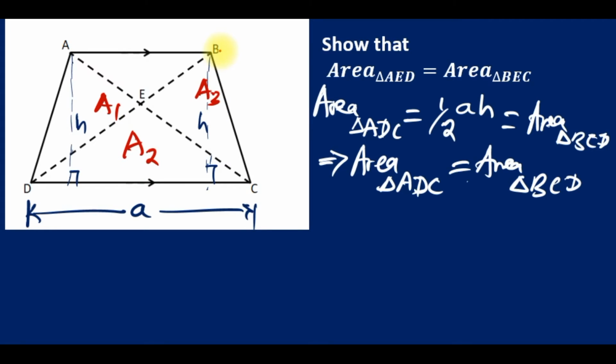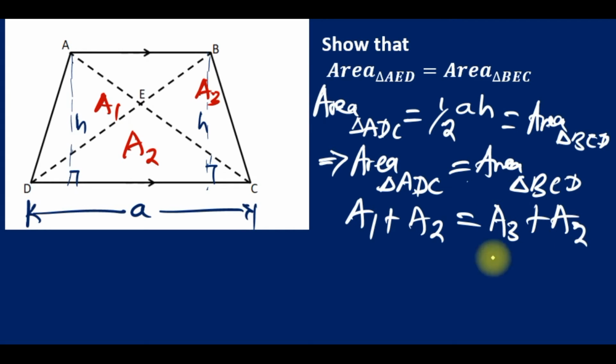While the area of BCD is the same thing as A3 plus A2. Therefore, ADC is A1 plus A2 and BCD is A3 plus A2. So what do you notice? They have a common term, which is A2.